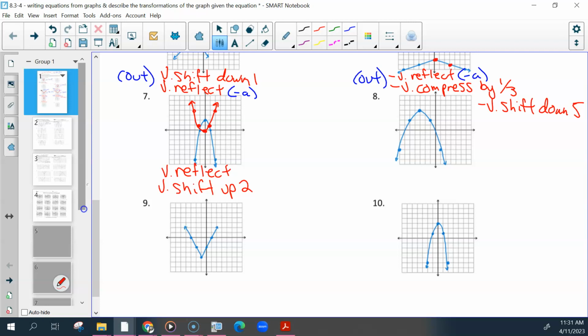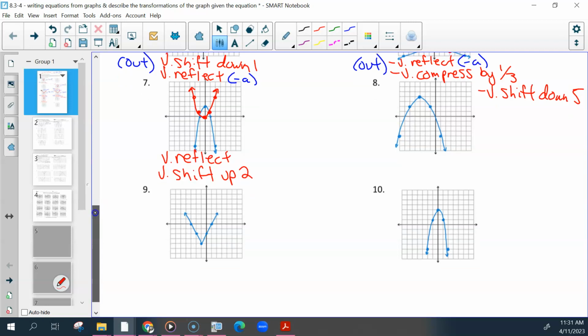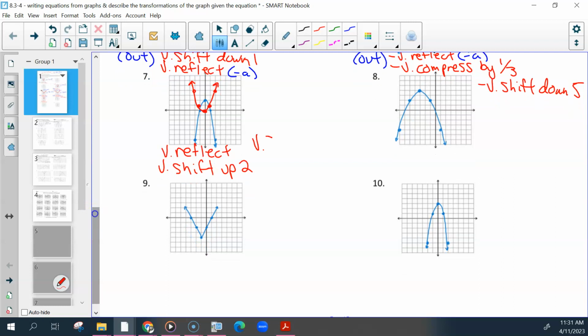What were you going to say? Is it stretch? It is a vertical stretch. You got narrow, so it is a vertical stretch. While stretches and compressions are really easy to find on your absolute value, you're really just counting slope.